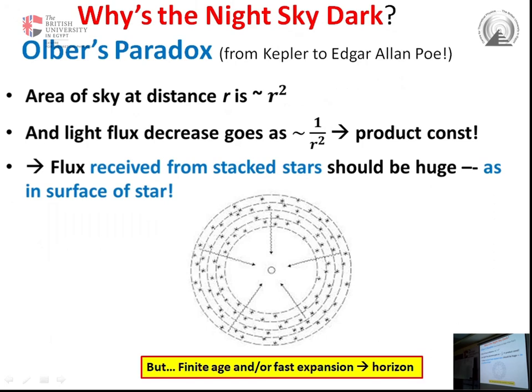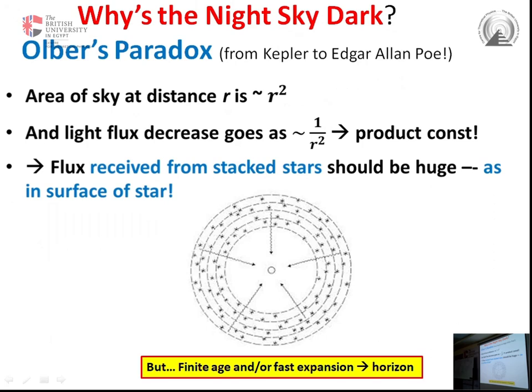So a nice little paradox quickly: if the universe is infinite in space and infinitely old, why is the night sky not completely bright? This is from the 19th century, or maybe before. It's called Olbers' paradox. It excited people like the poet Edgar Allan Poe.